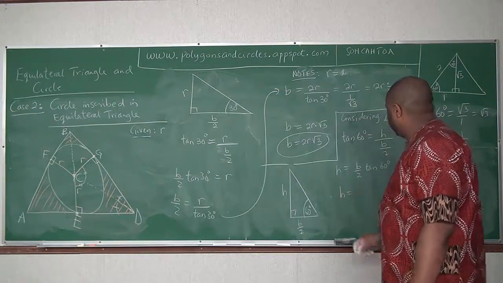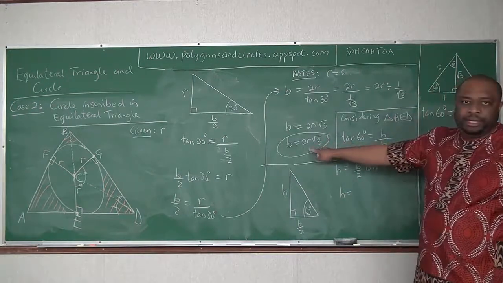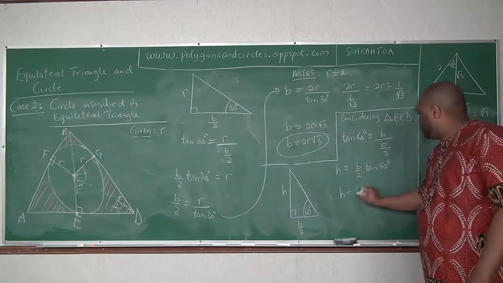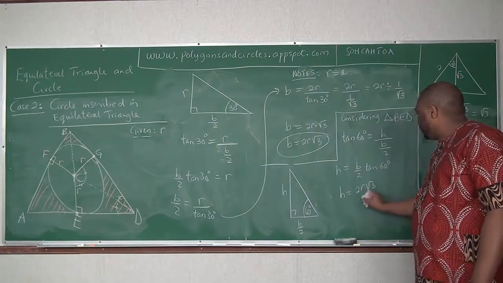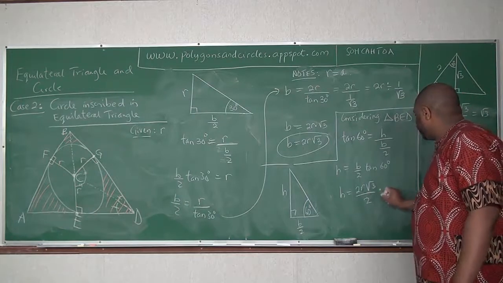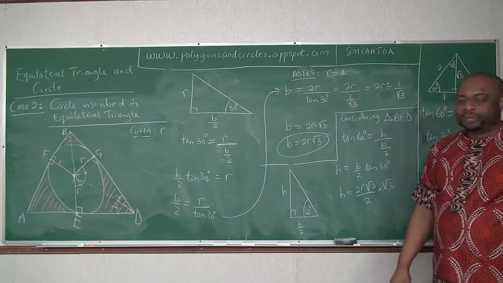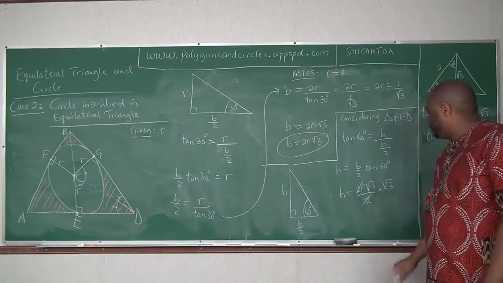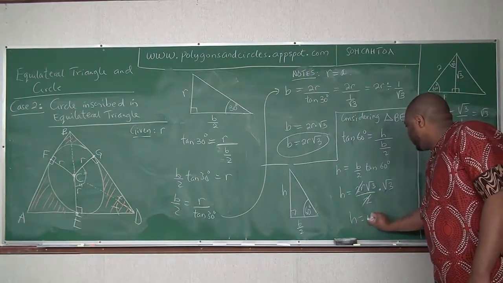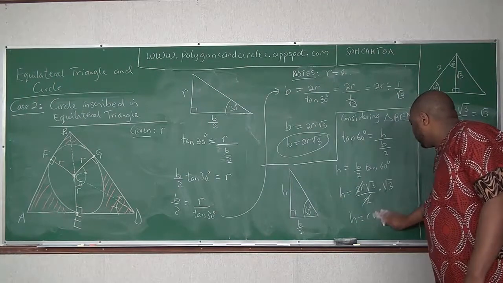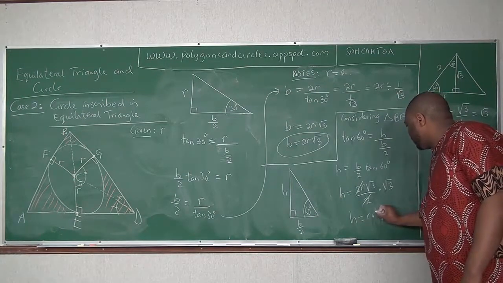Meanwhile our B is 2r root 3. So 2r root 3 all over 2 times tan 60 degrees, which is root 3. So the height will be r root 3 times root 3, which is 3, so r times 3.